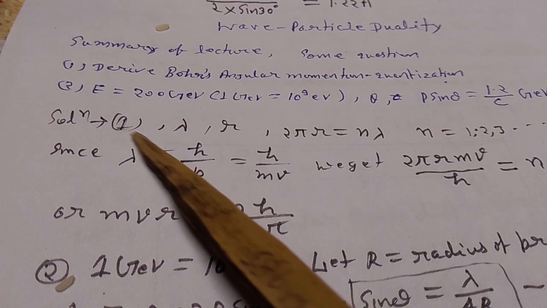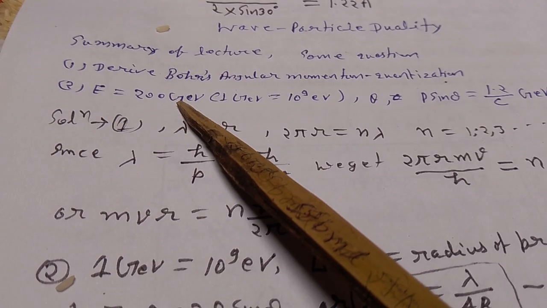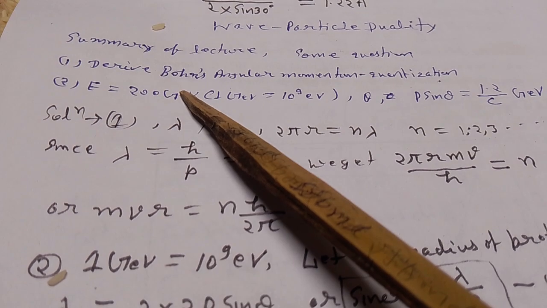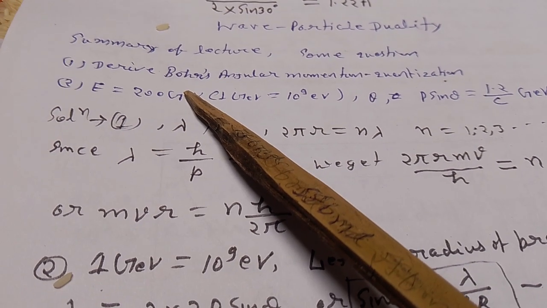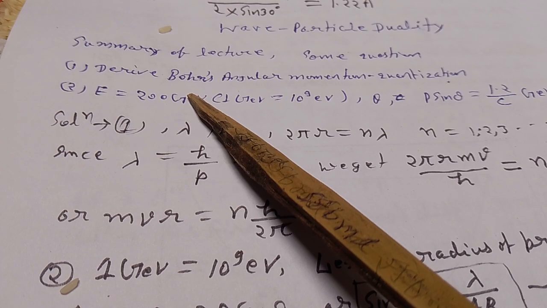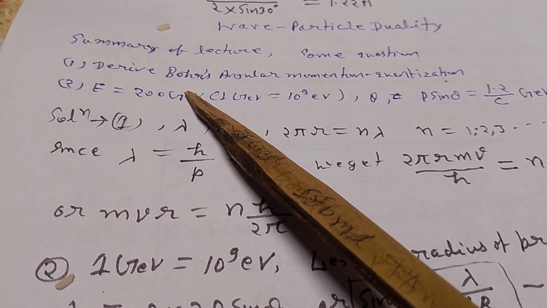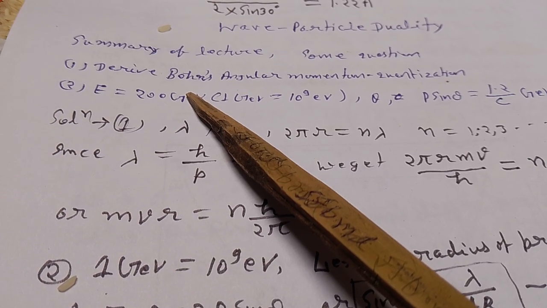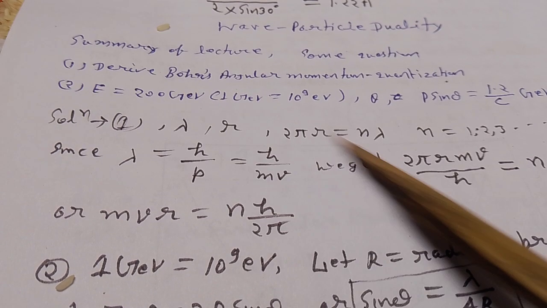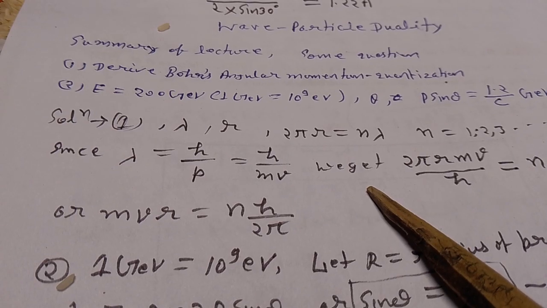Next question is that: calculate, a high energy proton of 200 giga electron volt, where 1 giga electron volt equals 10 to the power 9 electron volt, is diffracted by a hydrogen target at an angle theta.